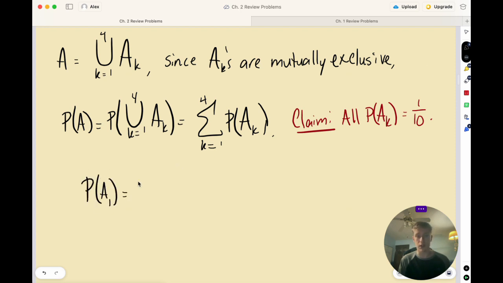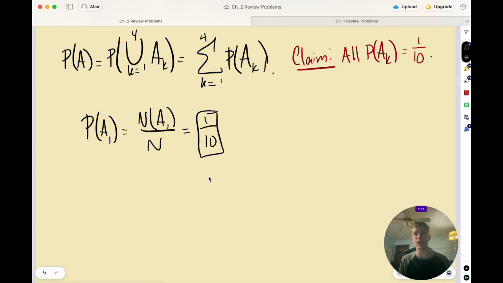Well, by definition, the probability of something is the number of ways that that something can occur divided by the total number of outcomes. Okay, so let's just assume that there were 10 trials. Out of those 10 trials, you're clearly just going to pick the numbers 0 through 9. There's only one way that you're getting the correct number, and there are 10 possibilities. Okay, so the probability of A sub 1 is equal to 1/10.